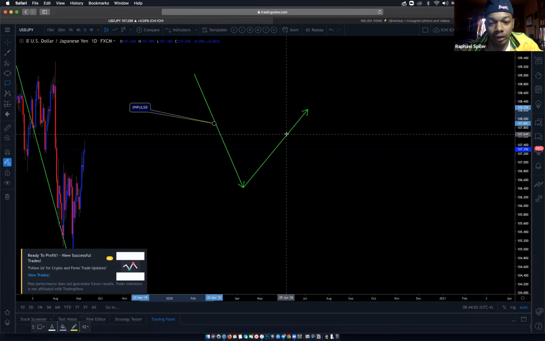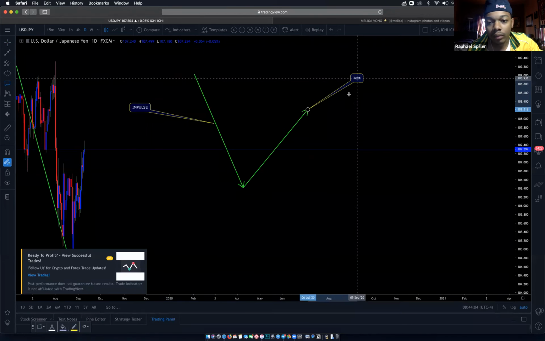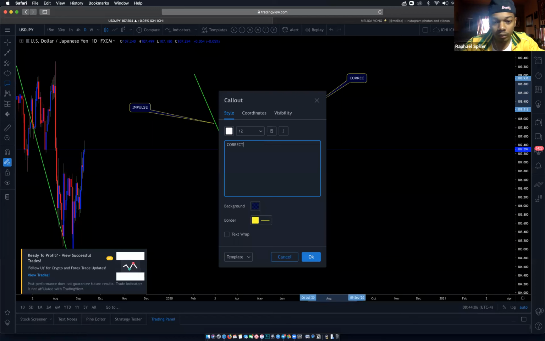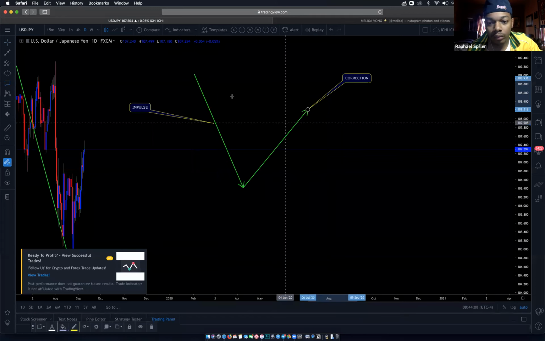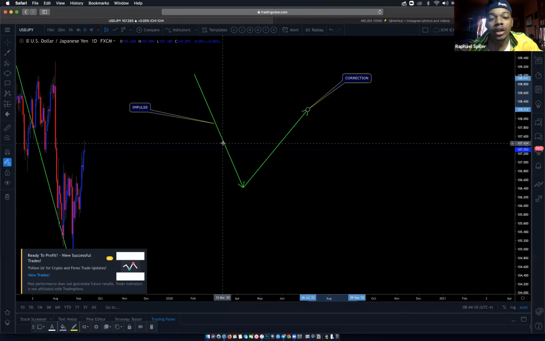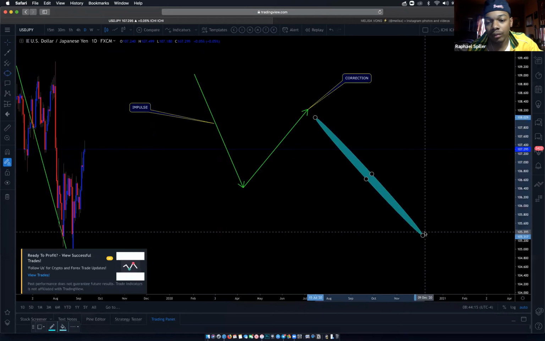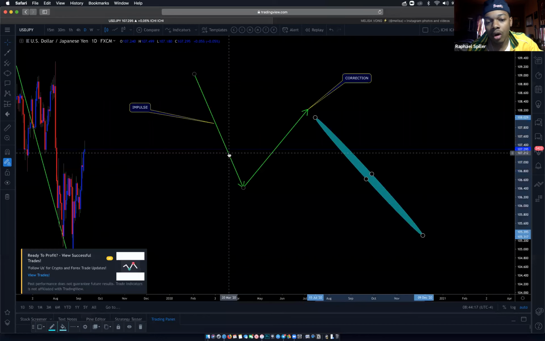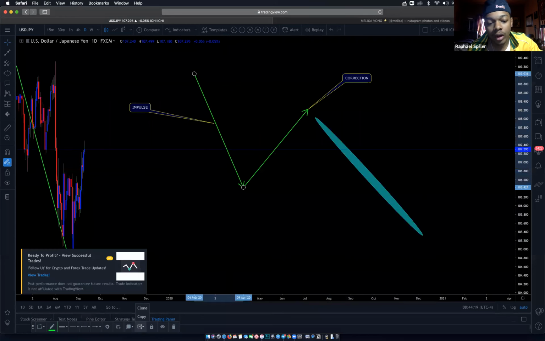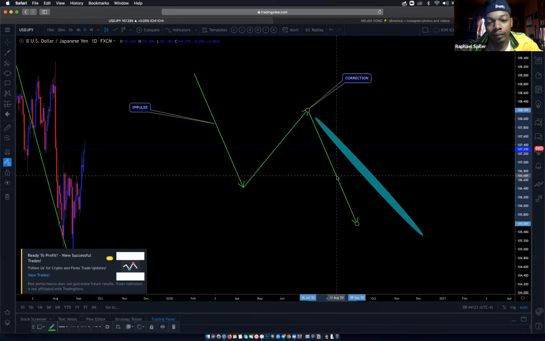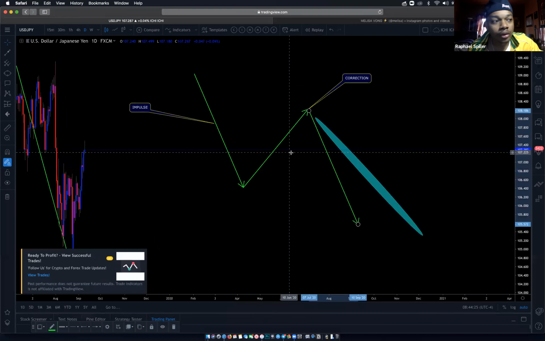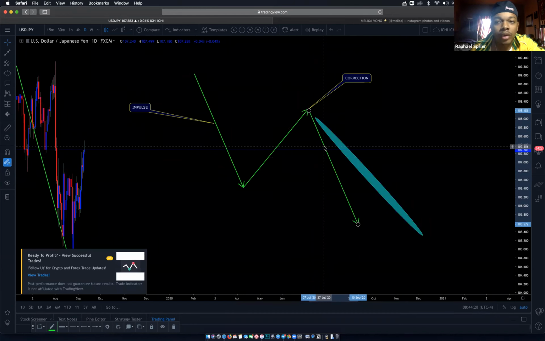This is my correction. The continuation phase, it's supposed to be right here, is always 100% of the impulse.